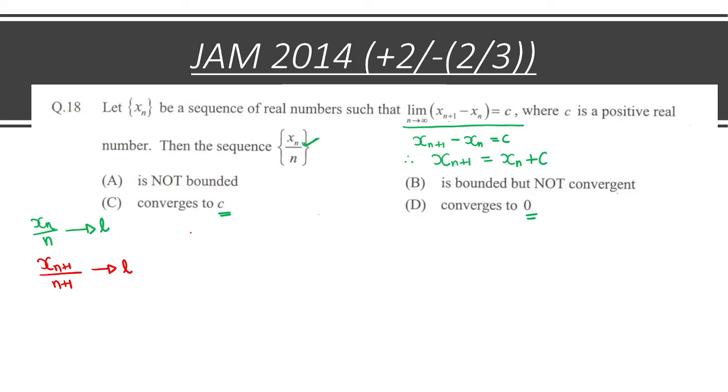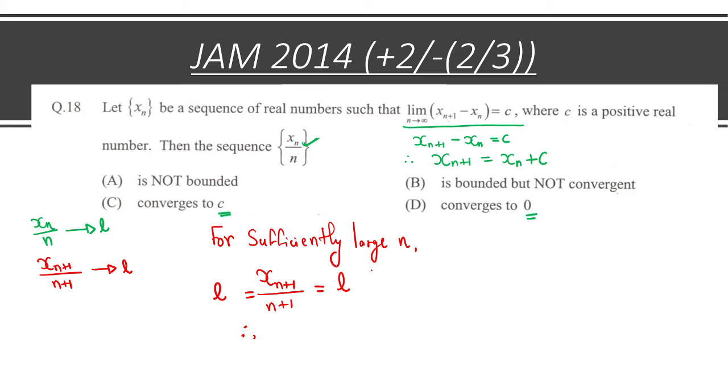So what I see is that for a sufficiently large n, xn plus 1 upon n plus 1 would be equal to L. Therefore, I write the L over here. Is it fine? Yeah, it is totally fine.